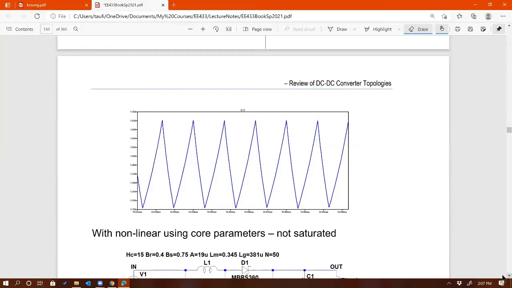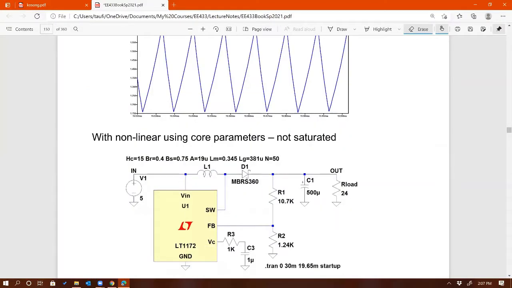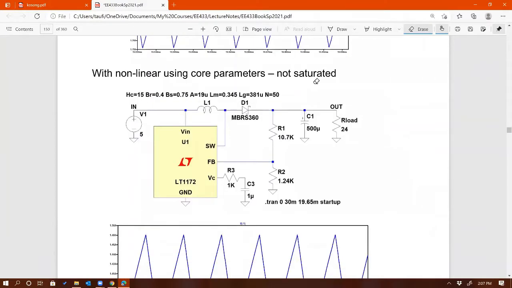Okay. And then here I'm using the second model, but in this case, it's not saturated. So I define all of those 7 parameters. See that?